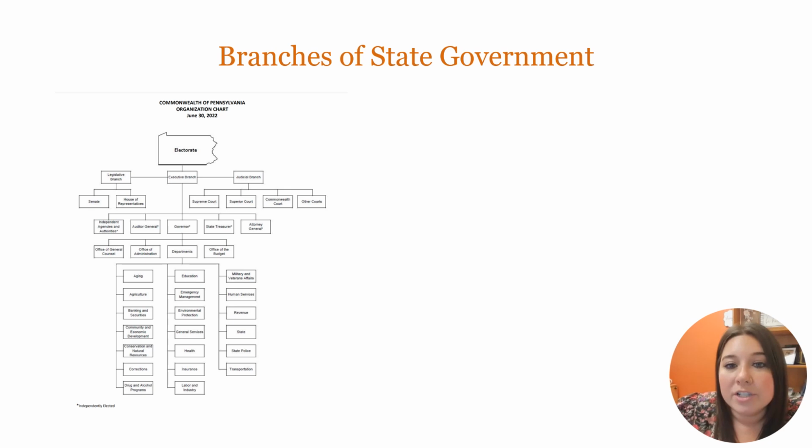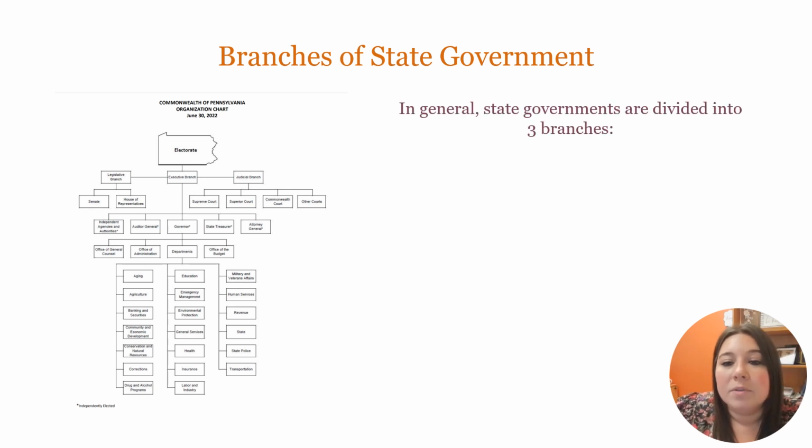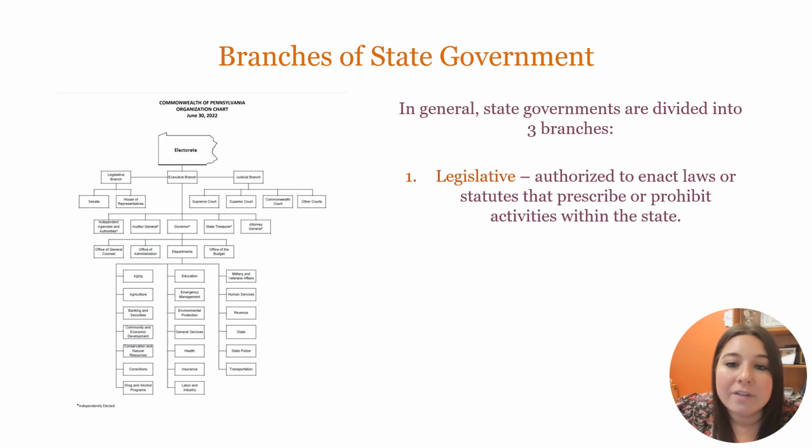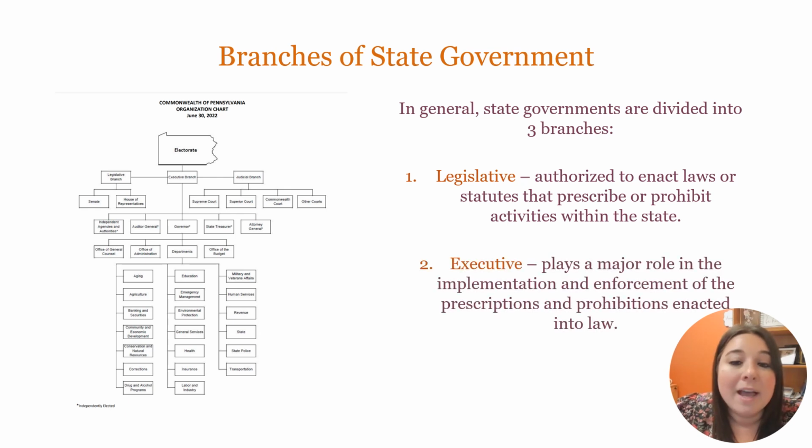Next, we have the branches of state government. Typically it's divided into 3 different branches. First, we have legislative. They are authorized to enact laws or statutes that prescribe or prohibit activities within the state. Next, we have executive, which plays a major role in the implementation and enforcement of the prescriptions and prohibitions enacted into law.